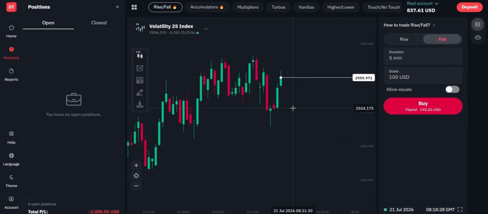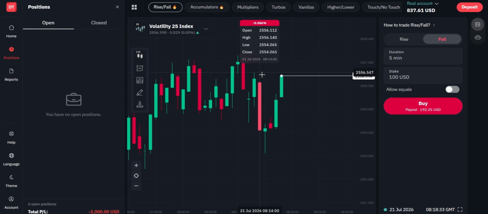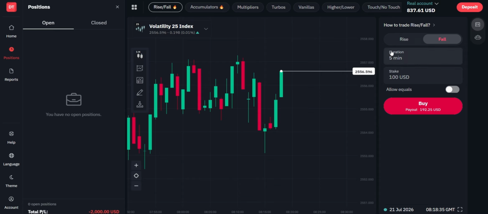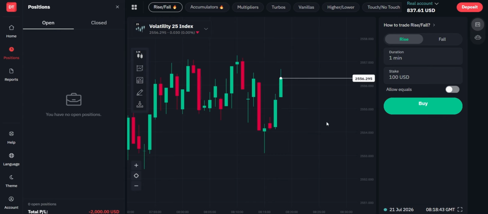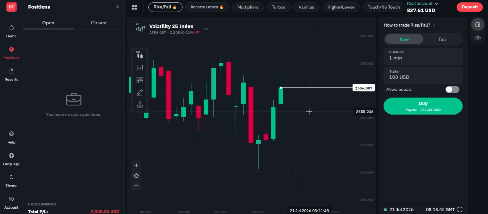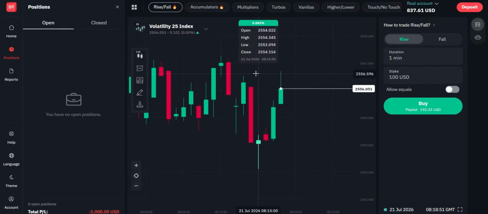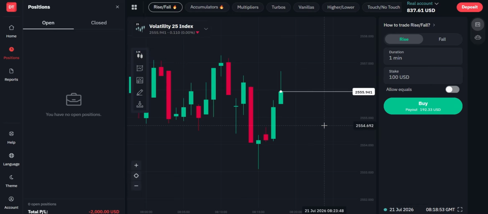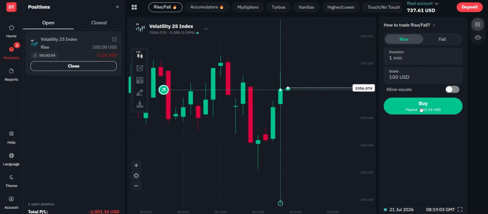All right, so this is a strong momentum candle, and I will go with the rise option with 1 minute, not 5 minutes, right? Because I can see the sellers are there. The sellers are there, and I'm betting with buyers, and I will risk more if the market goes more down.